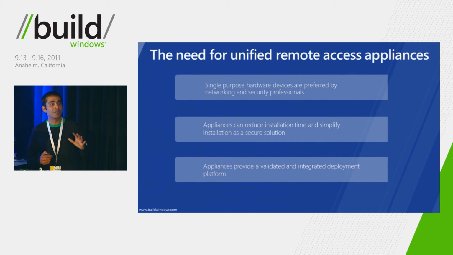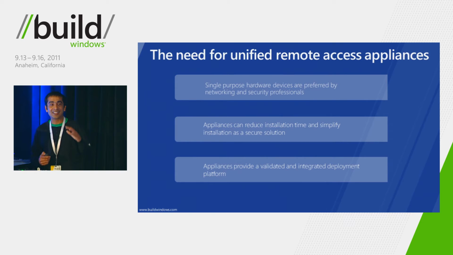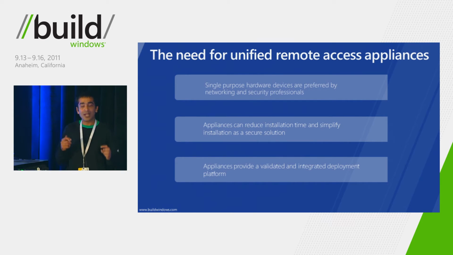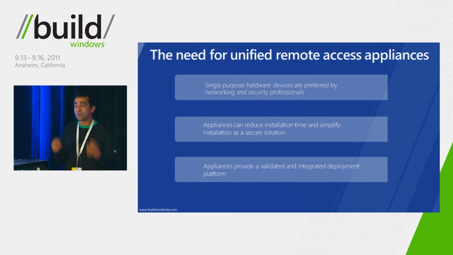Some networking and security professionals who deploy remote access solutions often prefer appliances as their deployment vehicle. Why do they do this? Appliances have an integrated, validated platform that provides the enterprise an easy, expedient way to deploy their remote access solution and get it up and running.